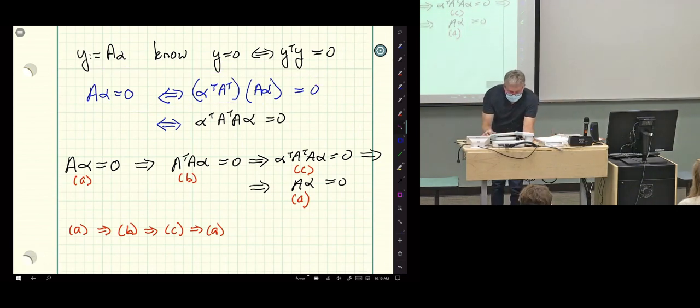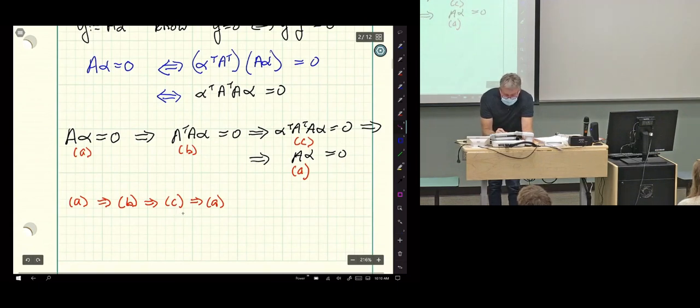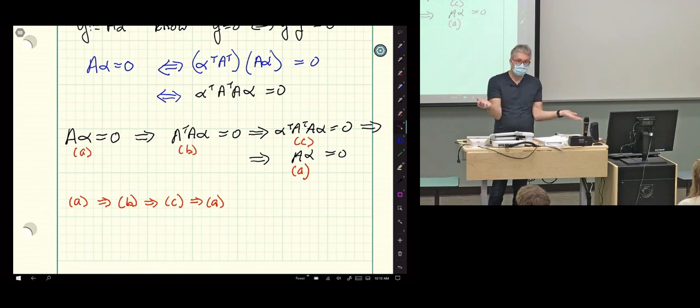Now, if I have A implies B implies C implies A again, what do I know now about all the relationships between these propositions?